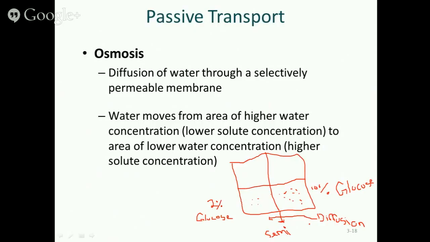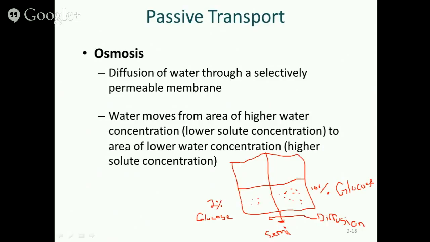Now what's going to happen? Water does move from high to low with osmosis. That's right. So which side has more water in it? This side has more water, right?